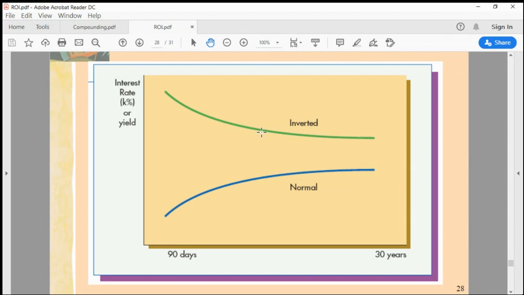So the inverted yield curve is a sign of impending recession. And impending means what? Within the short run. And what does the short run mean? Within under 1 year, right? Why? I've been telling you, forecasting is a science when the forecasting horizon is relatively short.